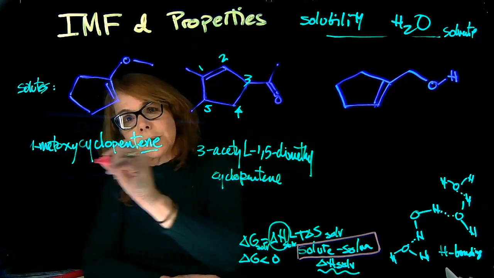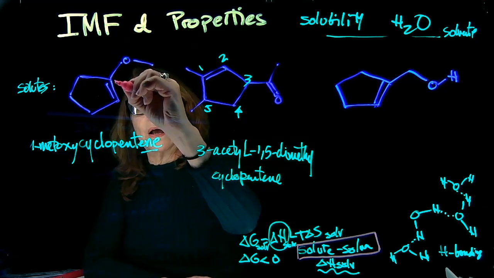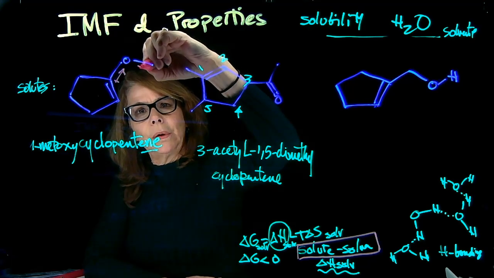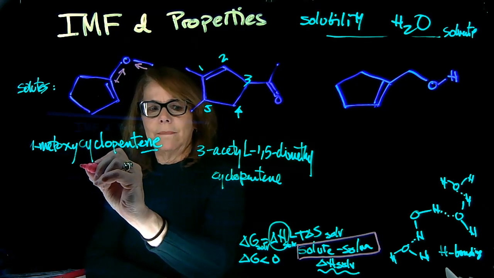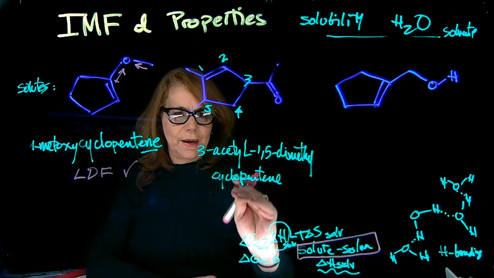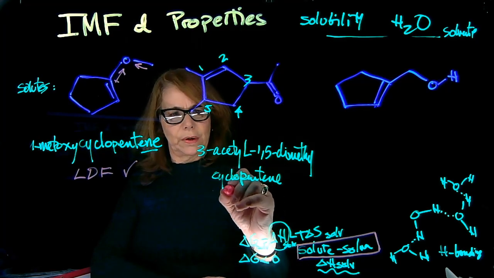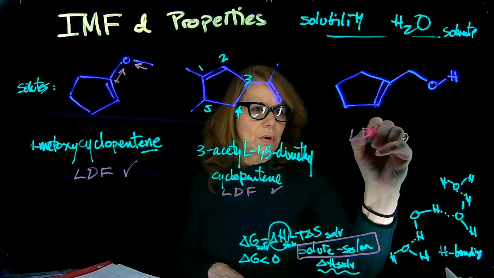So here this molecule, an alkene ether. Here I have a dipole in that direction. I'm going to write this down. Low London dispersion forces, check mark. And also here I have London dispersion forces. And here of course I do too.